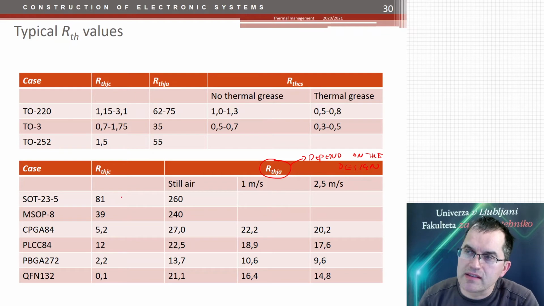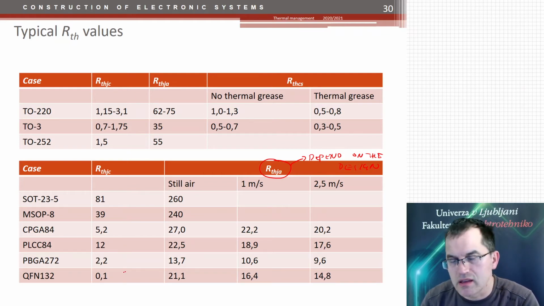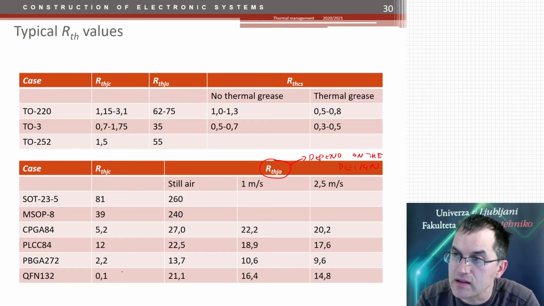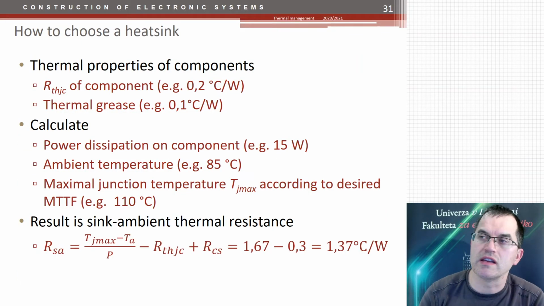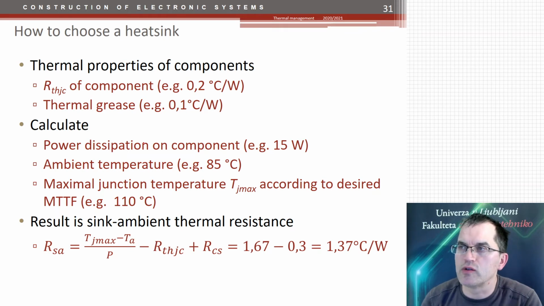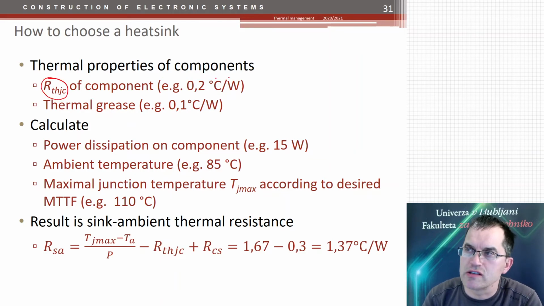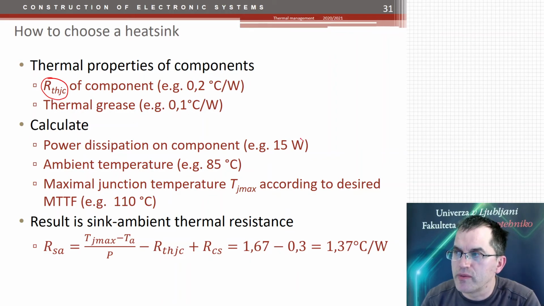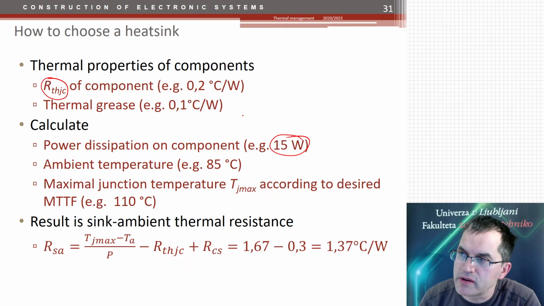Now, if you add some heatsink, you could get much closer results by using these values and adding the resistance of the heatsink itself. So how to choose a heatsink? First of all, you have to know the thermal properties of your component. For example, this would be the RTH junction case of your component. We add some thermal grease resistance to it, which you also get from the manufacturer, and then you calculate the power dissipation on the component from electrical properties.